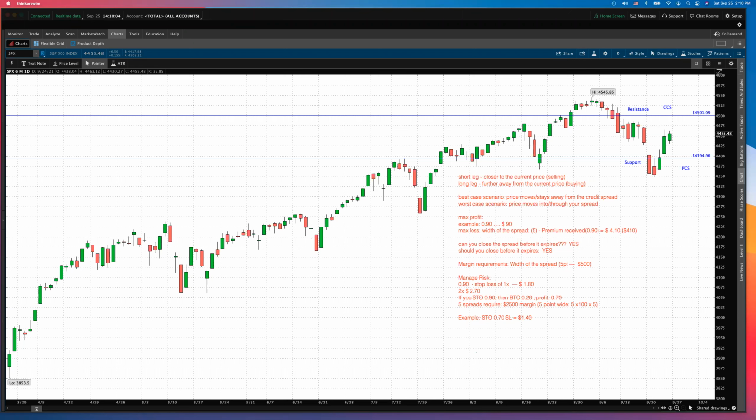So the difference between the width of the strikes and the premium received is your maximum loss. What I think is confusing you is that when you buy a single put or a single call, your maximum loss is how much you paid for it. Second, if your put or call expires in the money and you did not sell it to close, it's not entirely worthless.